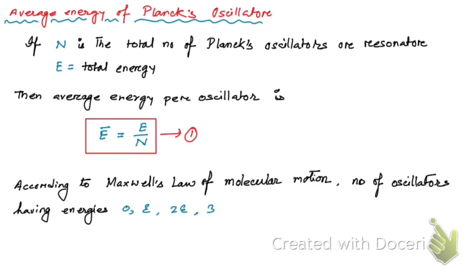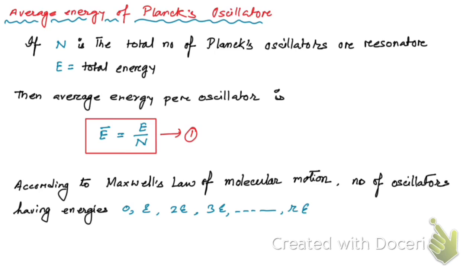Here instead of E I am taking epsilon because the symbol E we have already used for energy. So here we have considered that the energies of the oscillators are integral multiples of epsilon, which is nothing but the energy of a photon, that is h nu.